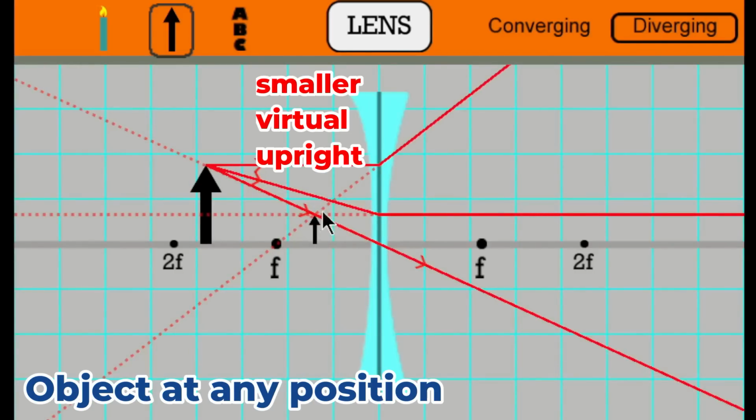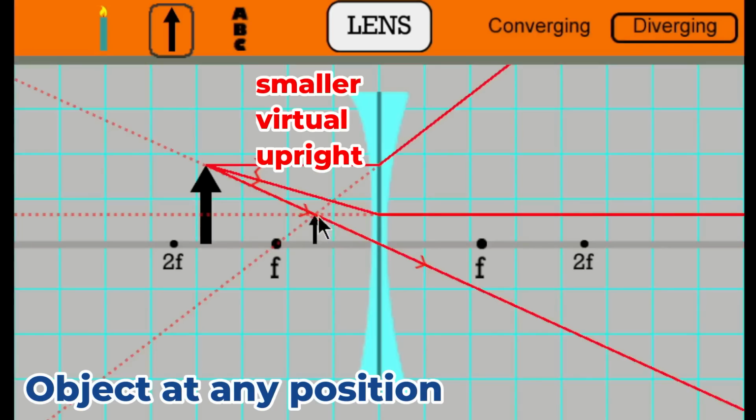It will always be virtual kasi same side siya as your object. It will always be upright. Okay, again, the image formed for diverging lenses for any case wherever you place your object is that the image is virtual, the image is upright, and the image is smaller. And the image is formed in between F and your lens.